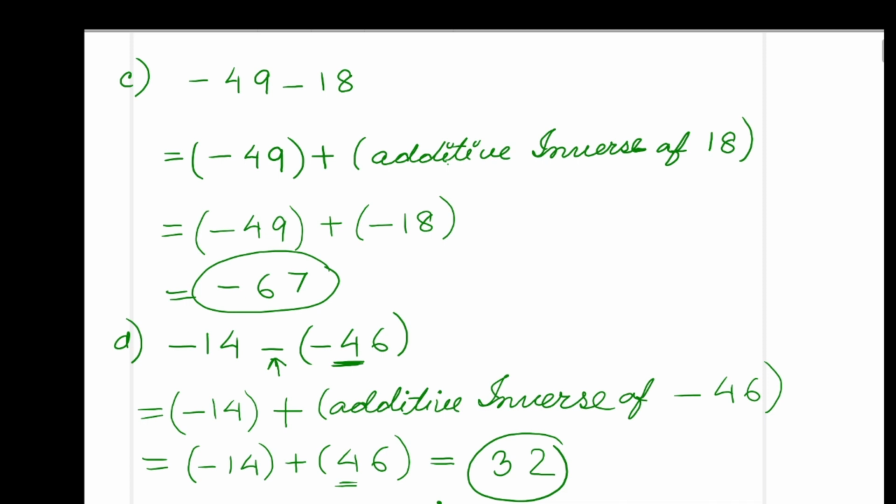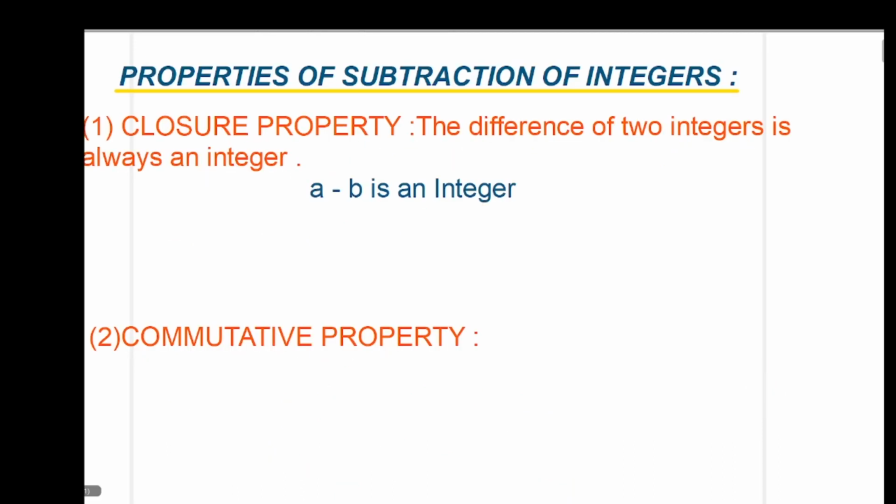Okay. Now the last topic, today's last topic, which is properties of subtraction of integers. Closure property. If the difference of two integers is an integer, then the integers satisfy the closure property.